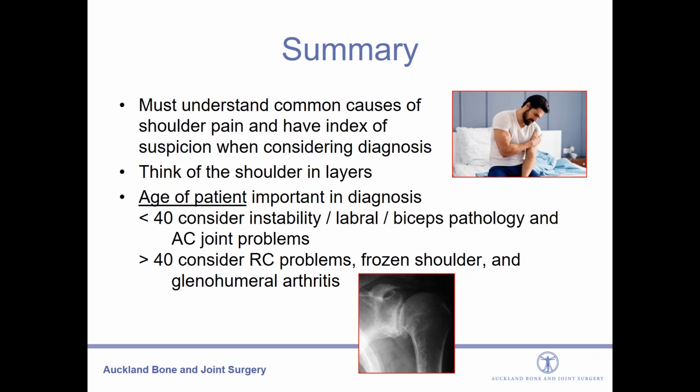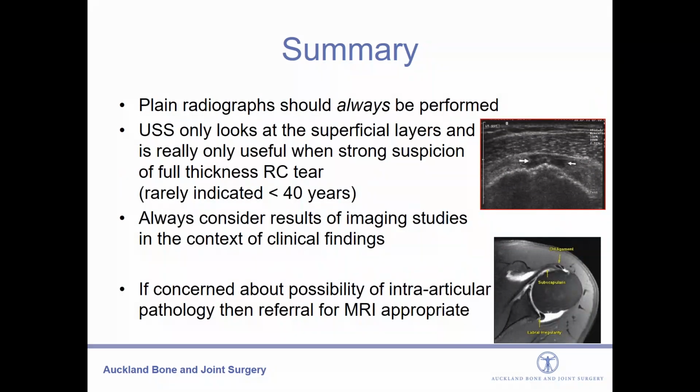Could this be a frozen shoulder instead? In a younger patient, am I thinking more that there's a structural pathology with the labrum or biceps tendon that I need an MRI to really sort out? Especially if that patient is not responding, as you would expect, to good non-operative treatment within a 2 to 3 month period, then they need to be reassessed and reconsidered to move on to that next phase.